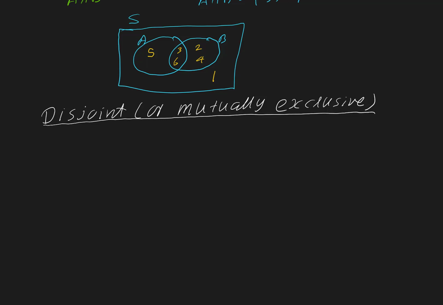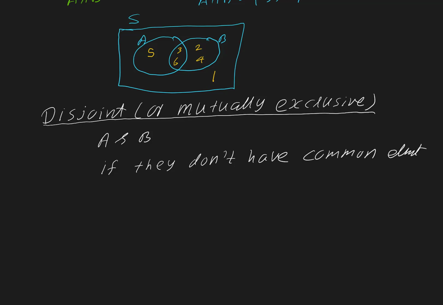Suppose two sets A and B. Two sets A and B are said to be disjoint if they don't have common elements. That is, A intersection B should be what? It is empty. You can use this notation or you can use this notation.